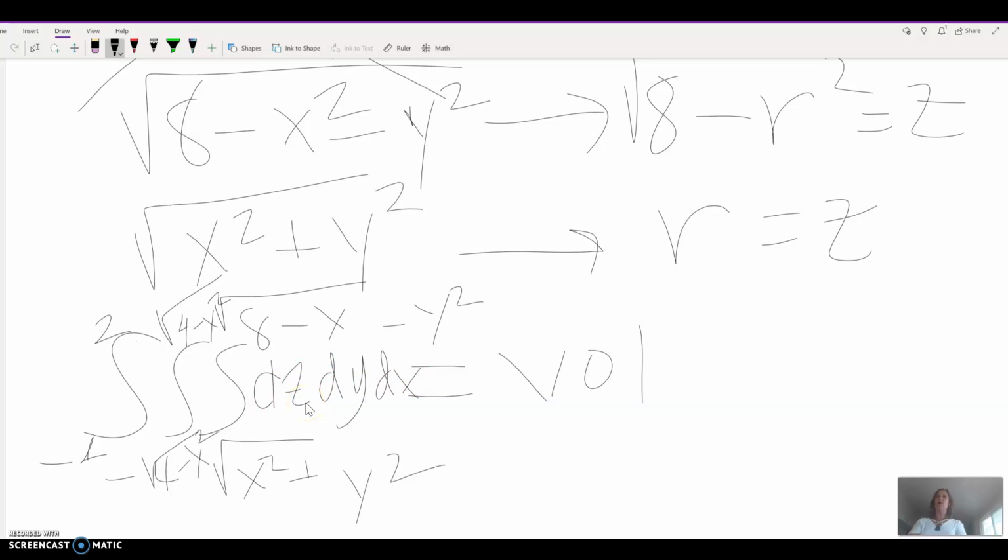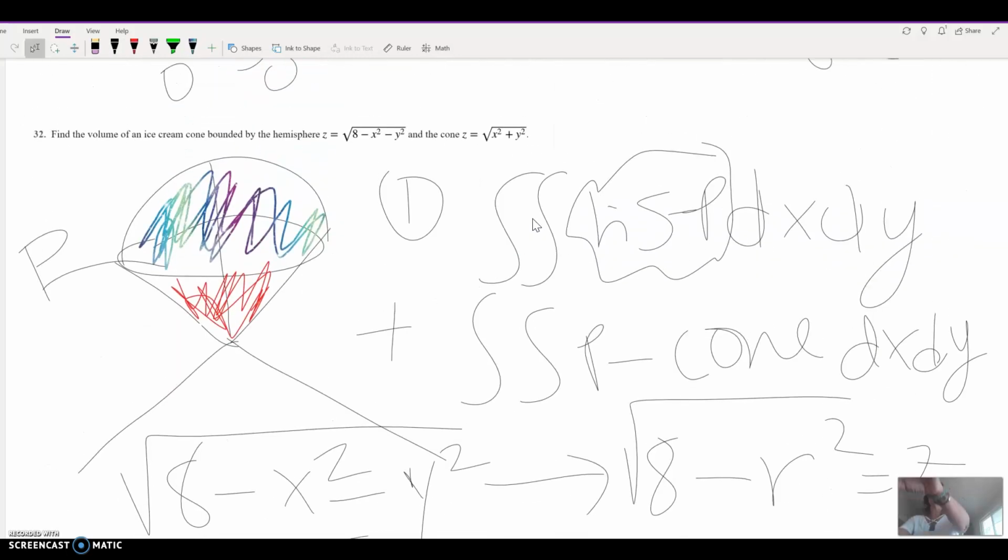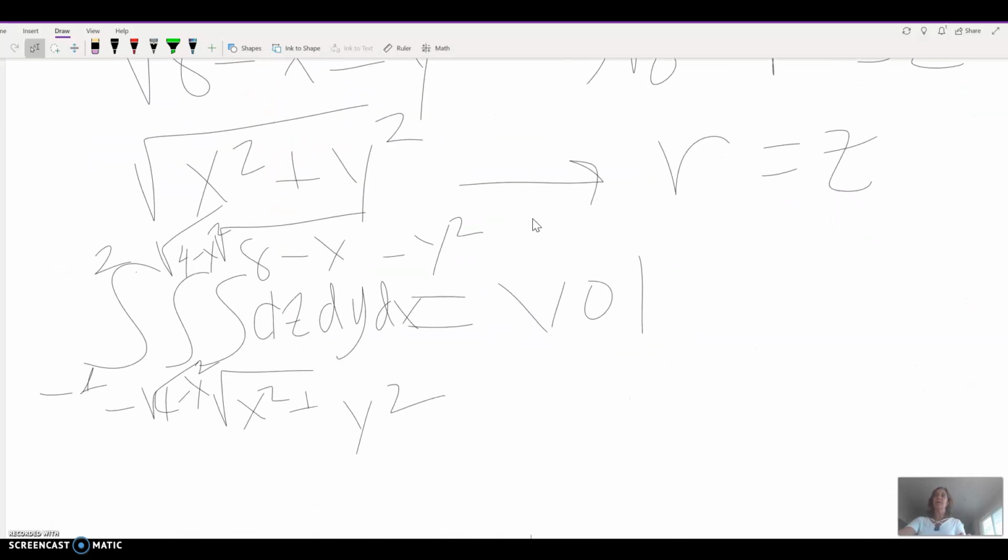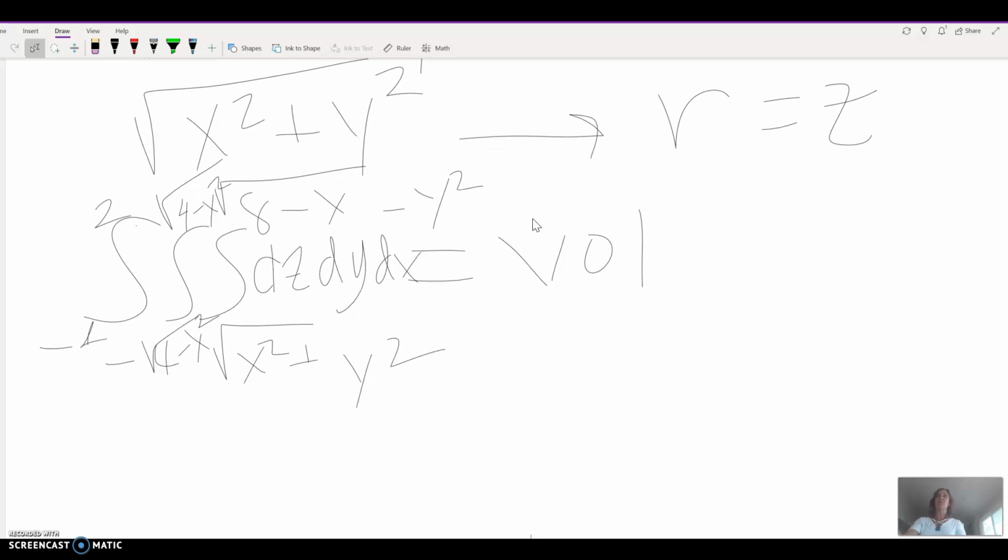So something to think about is that you need to consider the easier setup, both in terms of, is it easier to set it up with a triple integral, which in this case it is, because then I have just one pretty basic integral, whereas with the double, I really have to do two different parts. And then the second part is what coordinate system makes the computation the easiest if you actually have to compute stuff, which in this case, it would be some version of polar with the z.